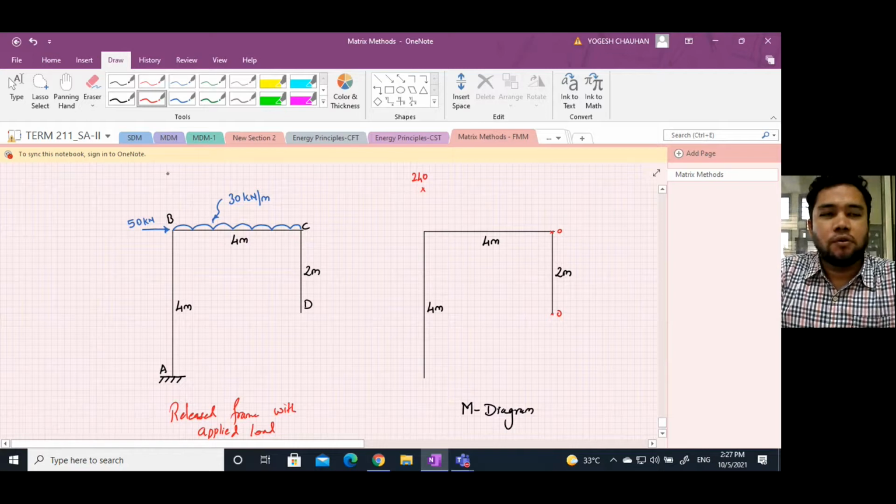That means the shear force is decreasing from B to C. So the slope of the bending moment diagram will be maximum at B and minimum at C. So for maximum slope, this curve will be like this.